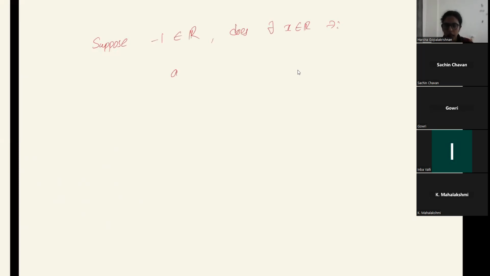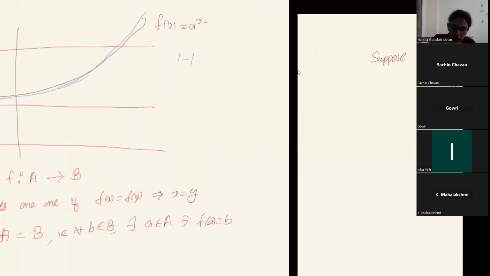Suppose some -1 belongs to R. Does there exist an x in R such that a power x equal to -1? Here a is some positive number. Okay, the graph of a power x will be like this.